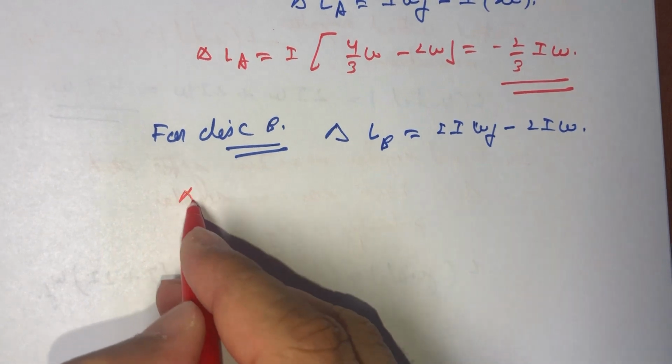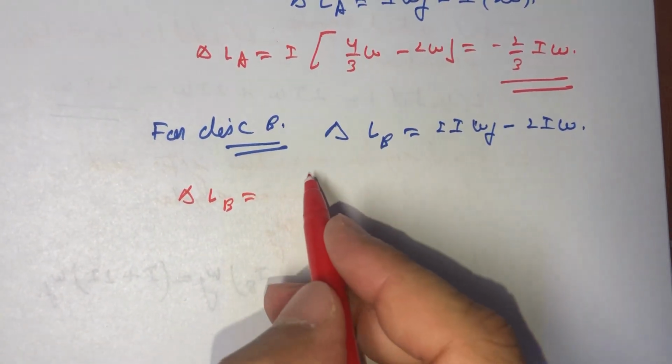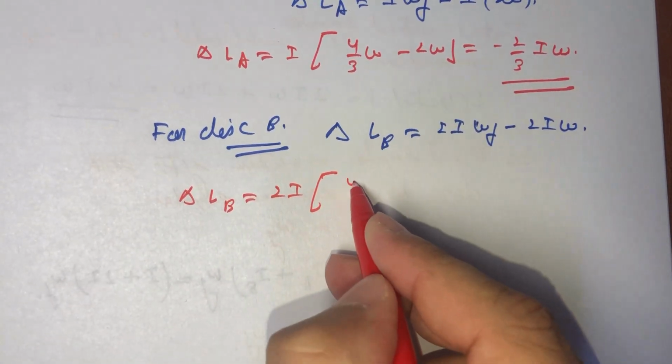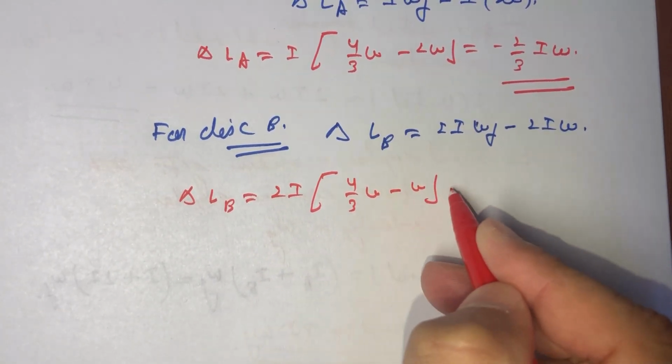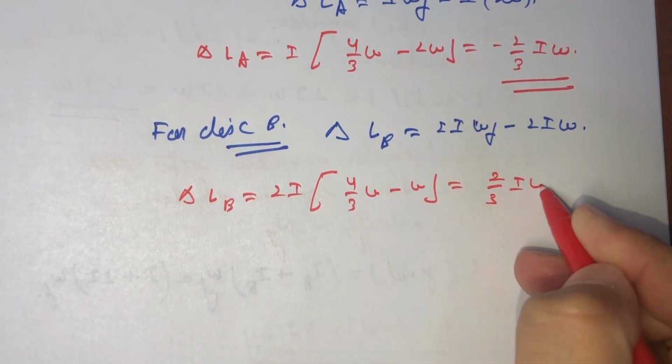So we get change in angular momentum for B will be equal to, taking 2I as common, omega f is 4 by 3 omega minus omega, and this comes as 2 by 3 I omega.